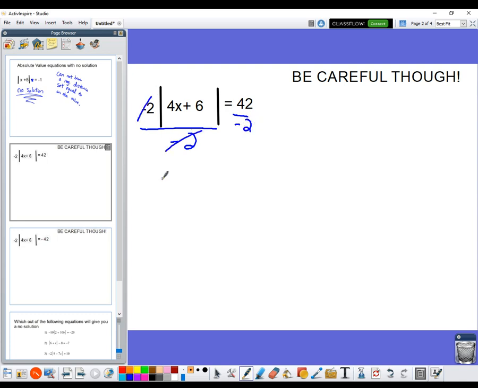They cross out, leaving me with the absolute value of 4x plus 6 equals -21. Normally this is where we break it up into two equations, but we can't because we have an absolute value that's isolated that is set equal to a negative value. Cannot have that. So this is also a no solution.